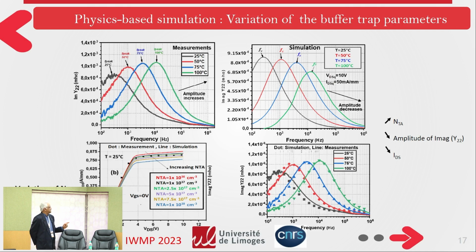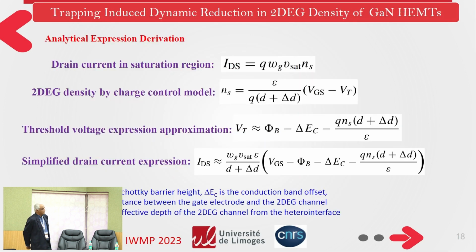The current also decreases when the buffer trap density increases. So with this kind of measurement, we can identify or calculate the activation energy and capture cross section, but it's not possible to obtain the density of buffer traps.